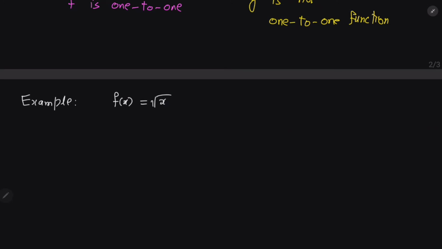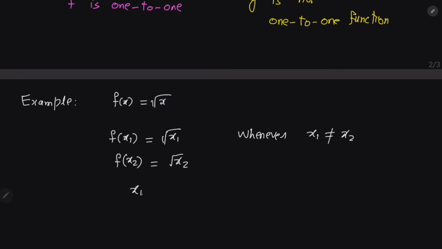Now you can see the value of f of x1, which is x1 under root, and the value at x2, which is x2 under root. Whenever x1 is not equal to x2, x1 under root and x2 under root will not be equal to each other. So you can see that we have a one-to-one function over here.